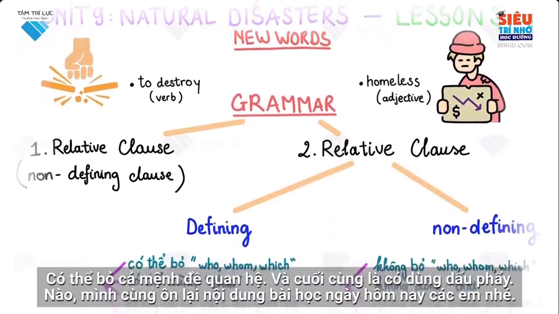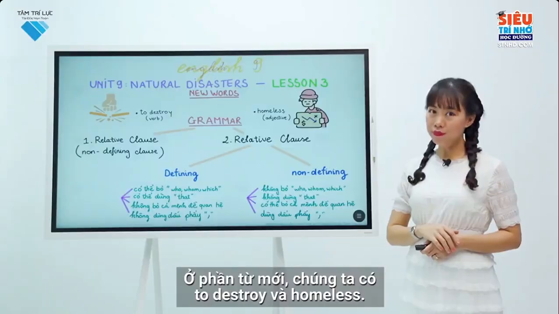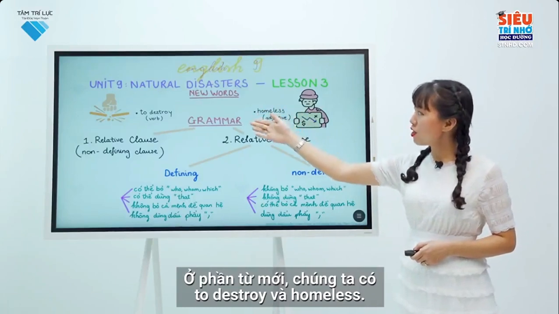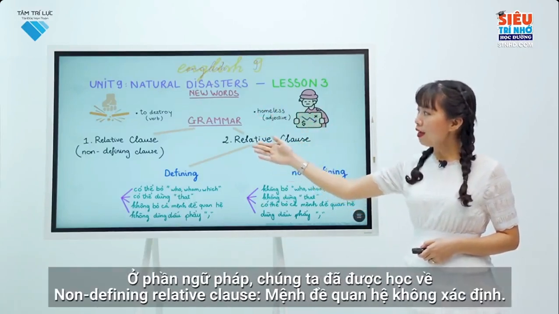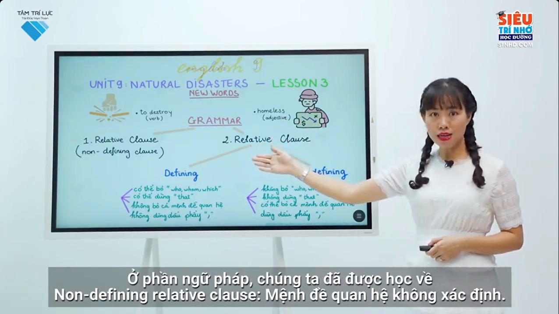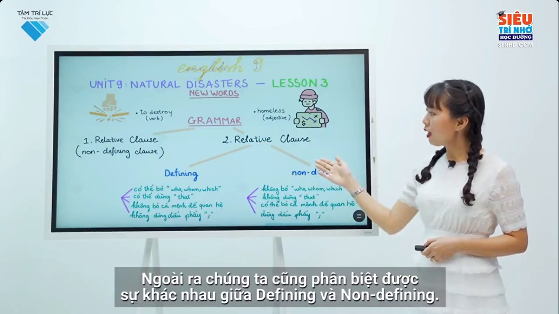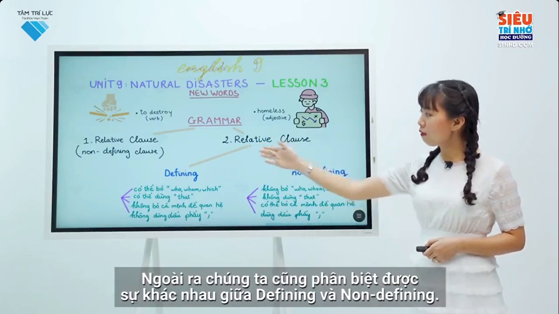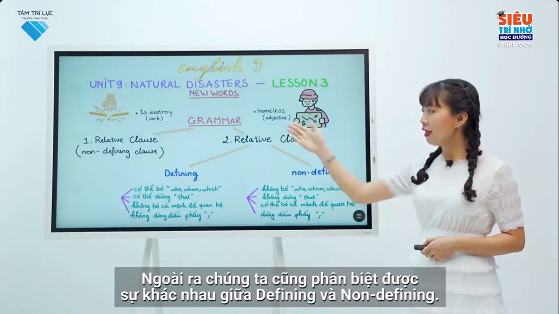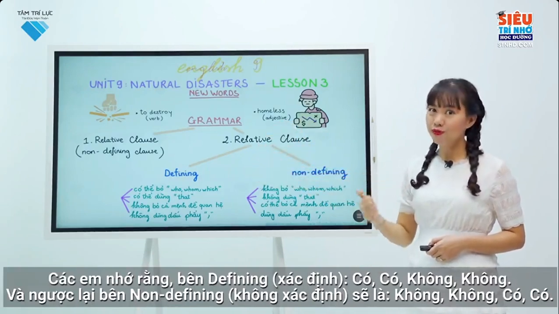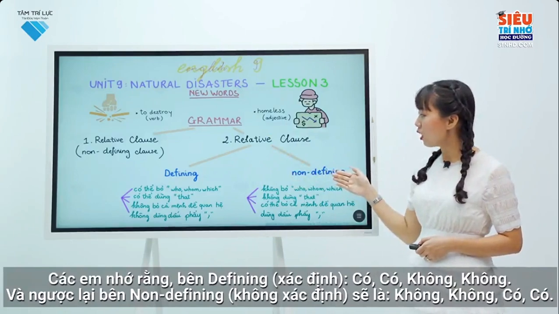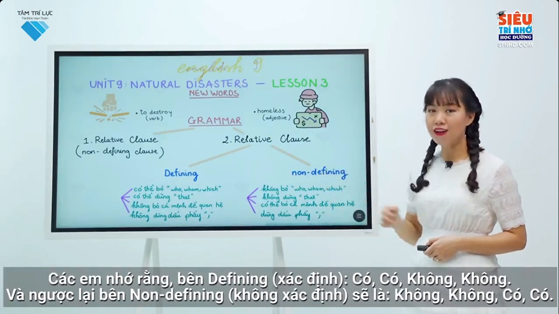Let's revise today's lesson. About new words, we have to destroy and homeless. About grammar, we have learned about non-defining relative clause. Besides, we can also differentiate between defining and non-defining relative clause. Remember that on the defining side, can, cannot, and in contrast, on the non-defining side, cannot, can.